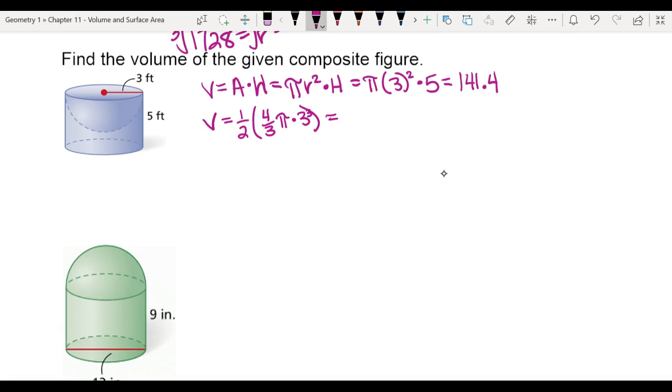So 1/2 times 4/3 times my pi button times 3 to the 3rd gets me 56.5. And then remember I said you would subtract those. So I do 141.4 minus 56.5, which is 84.9. So 84.9 is the volume of that leftover part from the hemisphere being cut off.